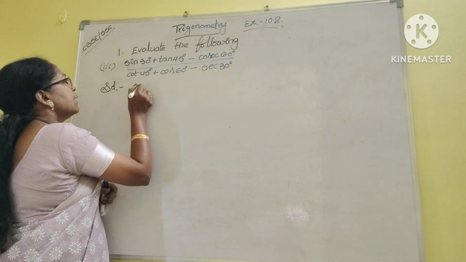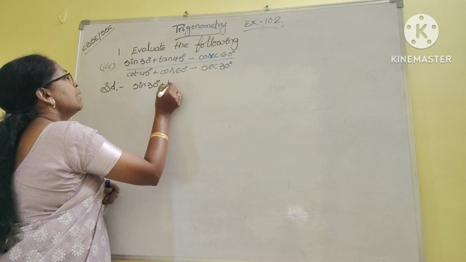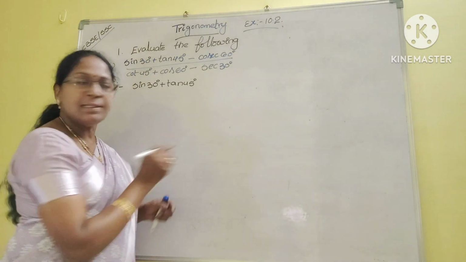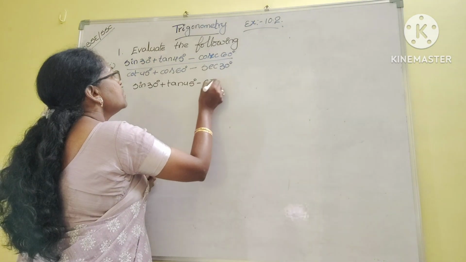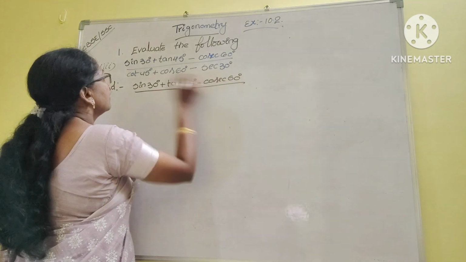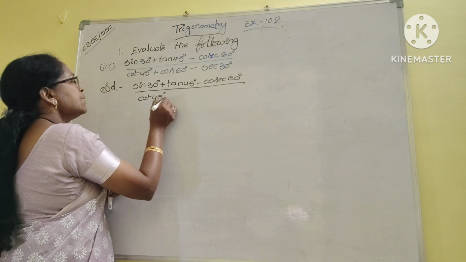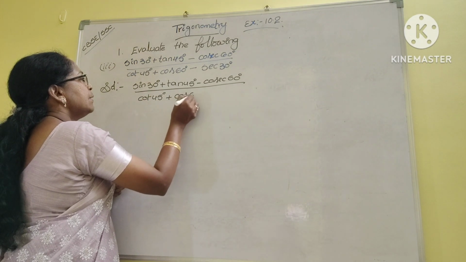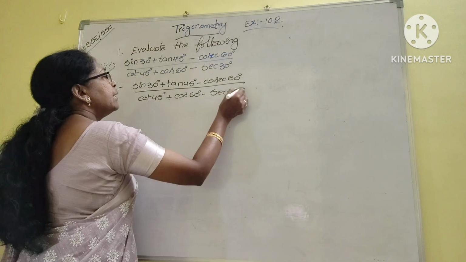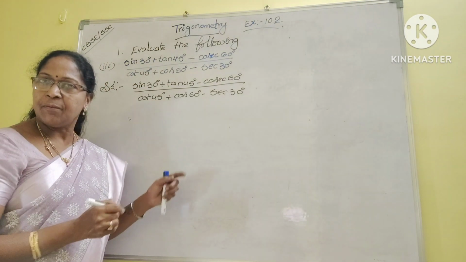So sin 30 plus tan 45 degrees minus cosecant 60 divided by cot 45 degrees plus cos 60 degrees minus secant 30 degrees. Now in this problem I will directly substitute the values.